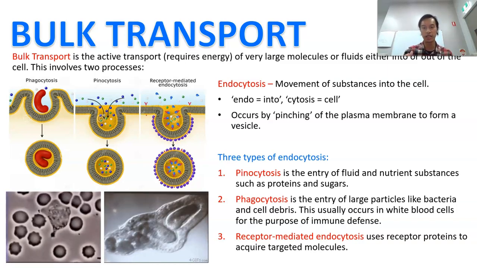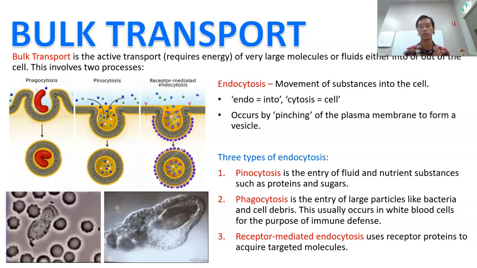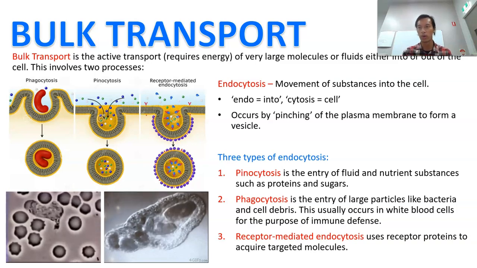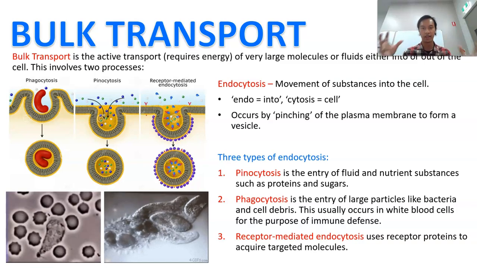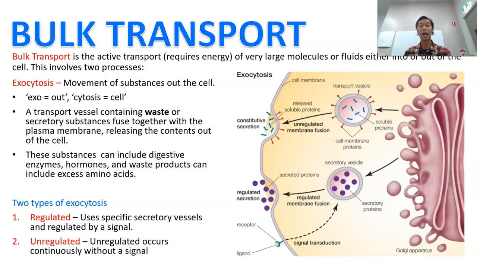And then there's also a particular type of endocytosis called receptor-mediated endocytosis, which is a way in which your body absorbs a particular molecule like a hormone through receptors and takes it into the body to be used by the body. Okay. The other type of bulk transport is exocytosis, movement of substances out of the cell.